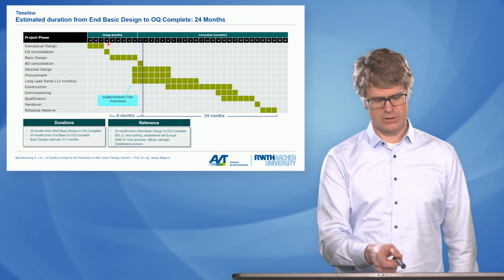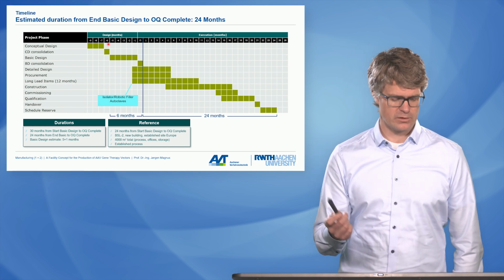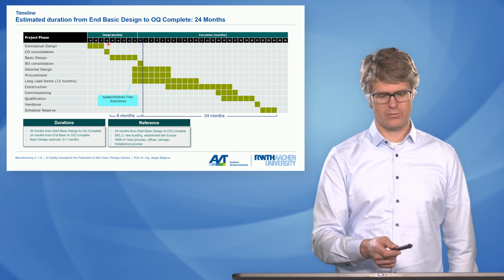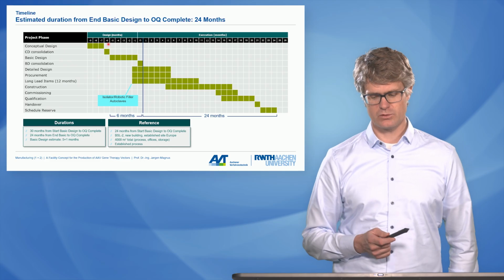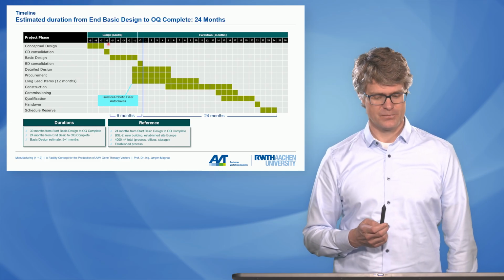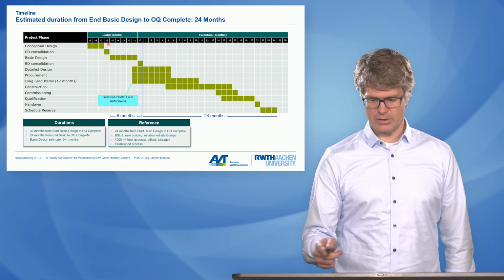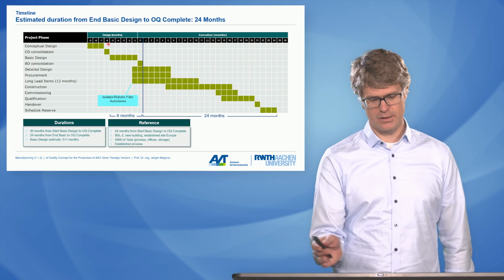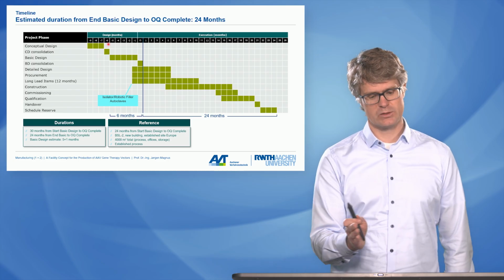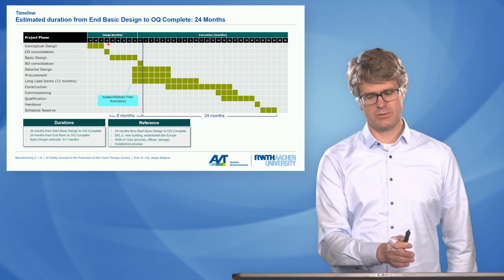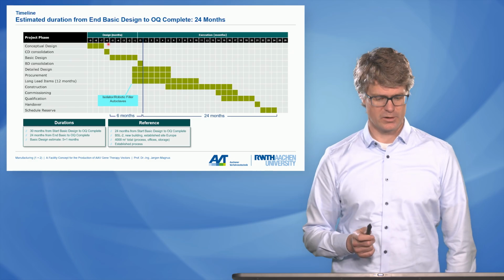And especially when you have started building it and you have started ordering long lead items, that's when you have really committed to spending those $102 million. So looking at this timeline here, there are certain decision points where the decisions become increasingly important as you progress through the project.